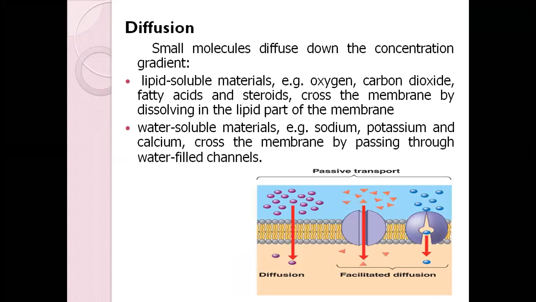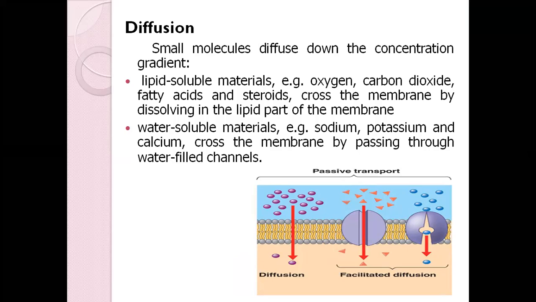So diffusion is when small molecules diffuse down the concentration gradient. Every time, the molecules always try to move from the higher to the lower. In order to maintain the balance, or homeostasis, they are trying to balance it out. It should be equal. Lipid soluble materials like oxygen, carbon dioxide, fatty acids, and steroids cross the membrane by dissolving in the lipid part of the membranes.